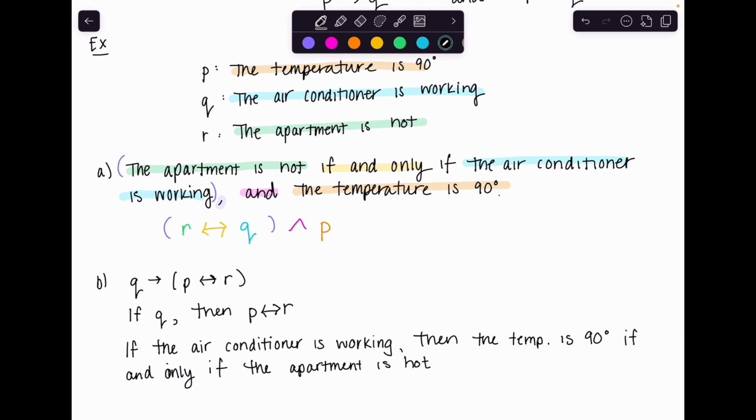So again, this sentence might not make a ton of sense, but that's what it is in symbolic form. And the idea we're about to get to is these statements could be true, they could be false. I don't know. But once time has passed, then I can actually judge those truth values. So I want to see, based on some combinations, maybe this one's true, this one's false, and this one's true.